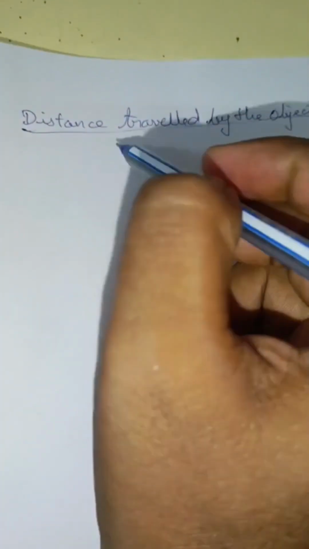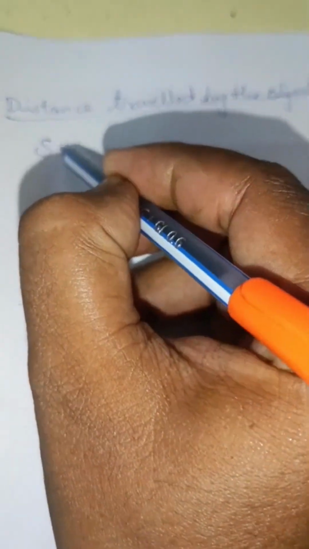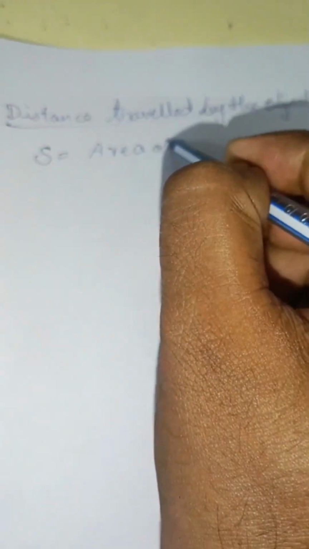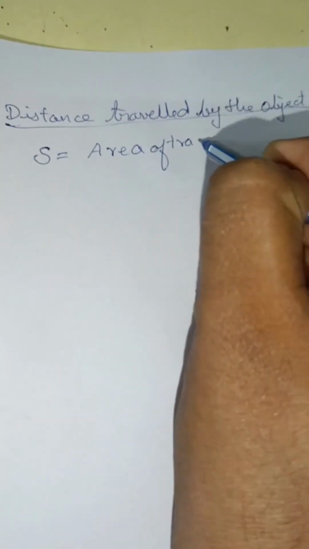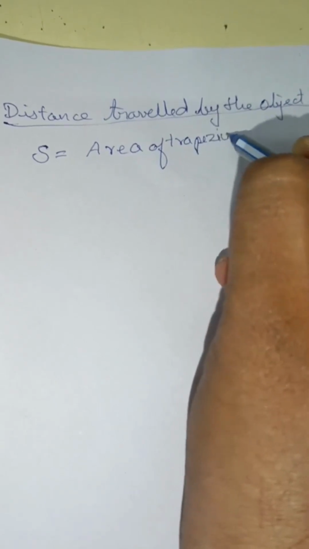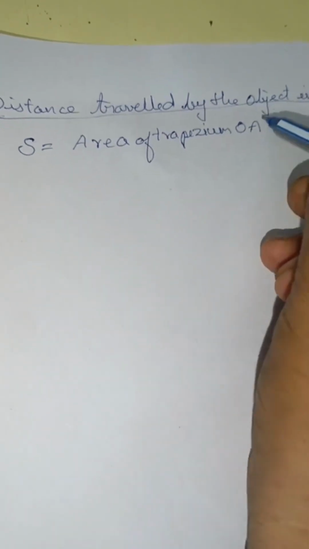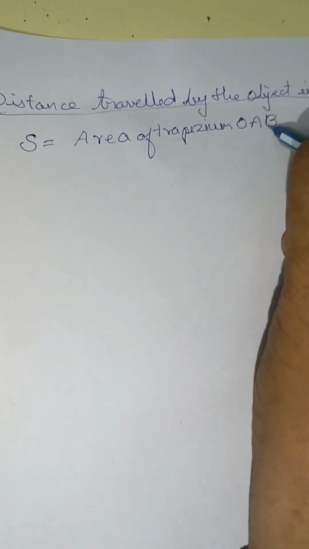So let us talk about this equation. S is equal to the area of the trapezium. What is the area of the trapezium? The area of trapezium is OABE.